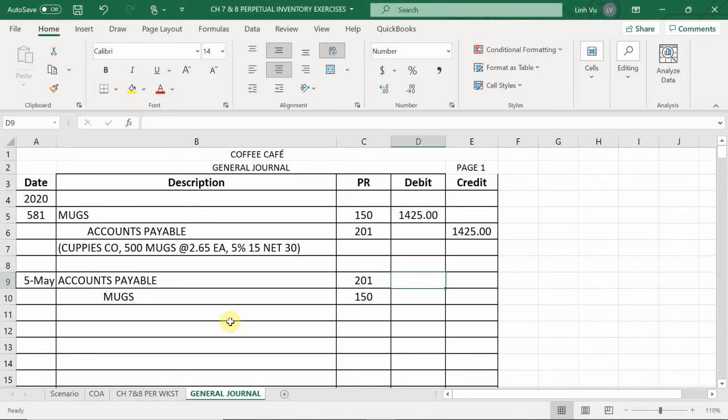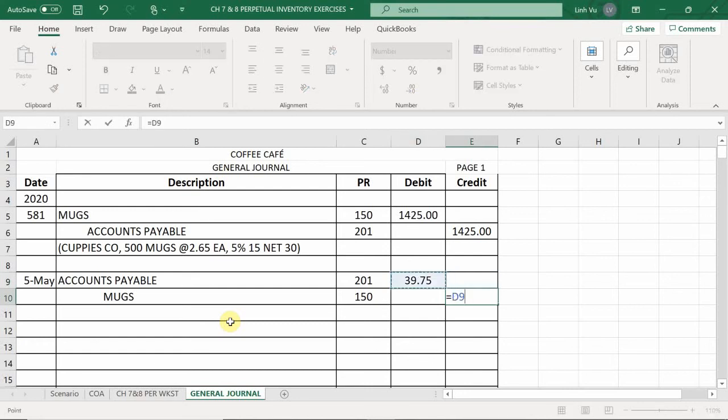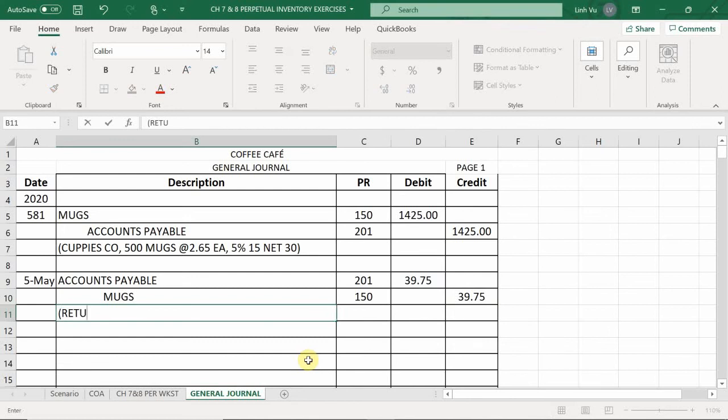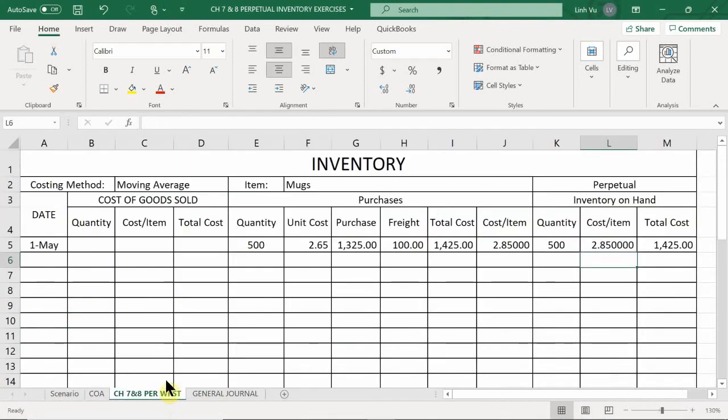Good, so we have 2.65, and we're returning 15 of those. So we should get a total of $39.75 refund and $39.75 as a deduction. And I'm going to say right here: returned 15 broken mugs at $2.65 each, full refund. All right, I'm going to plug that number into our inventory worksheet.